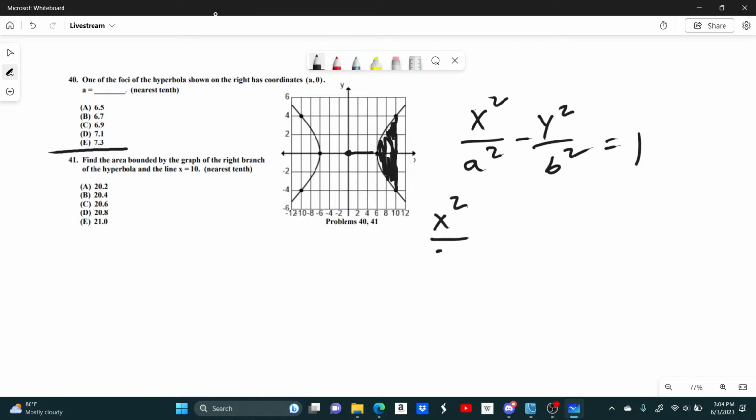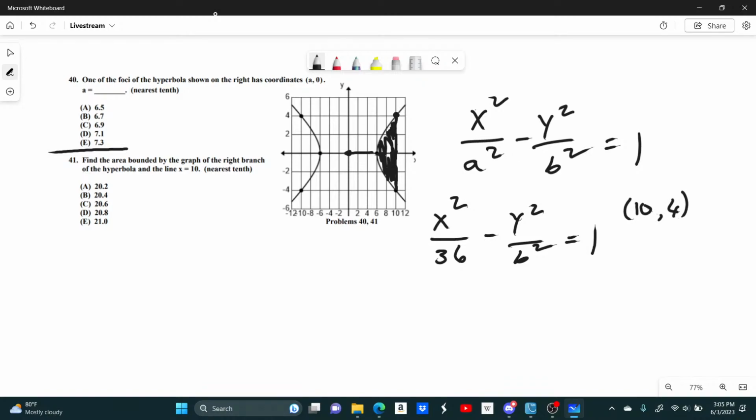So this is our equation so far, with b squared equals 1. But we can solve for b because we're given these points. I'm going to use the point at x equals 10, y equals 4.